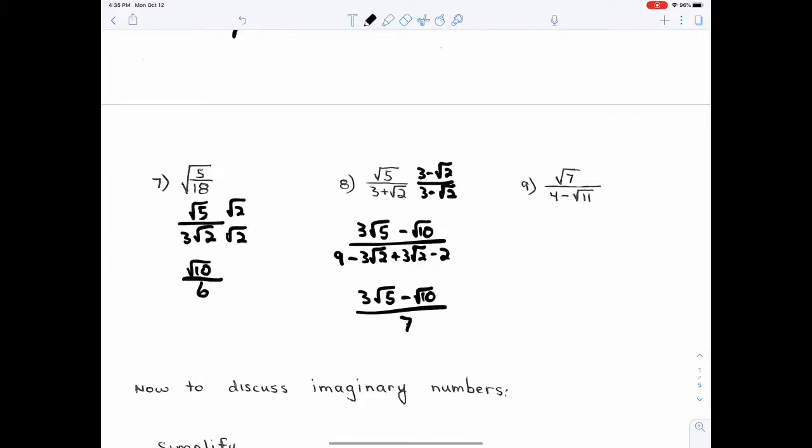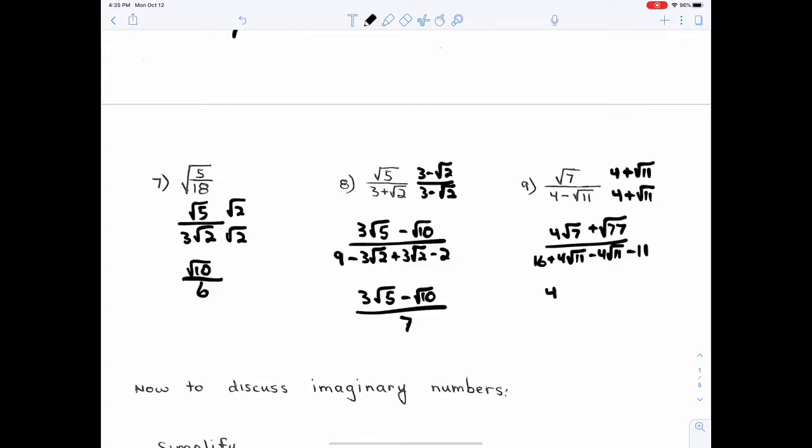Here we'd multiply by 4 plus square root of 11. So it would be 4 square root of 7 plus square root of 77 all over 4 times 4 is 16 plus 4 square root of 11 minus 4 square root of 11 minus 11.